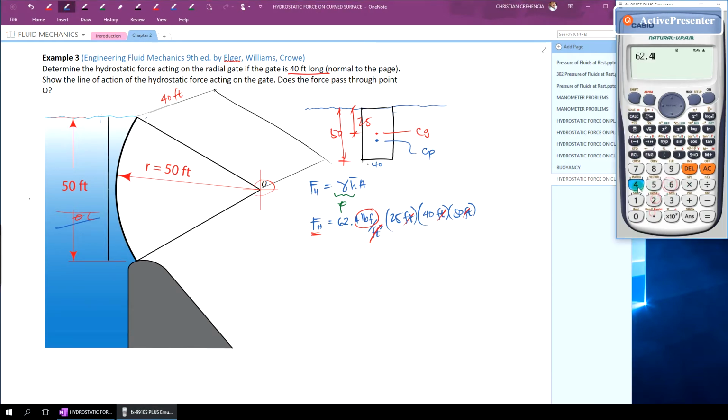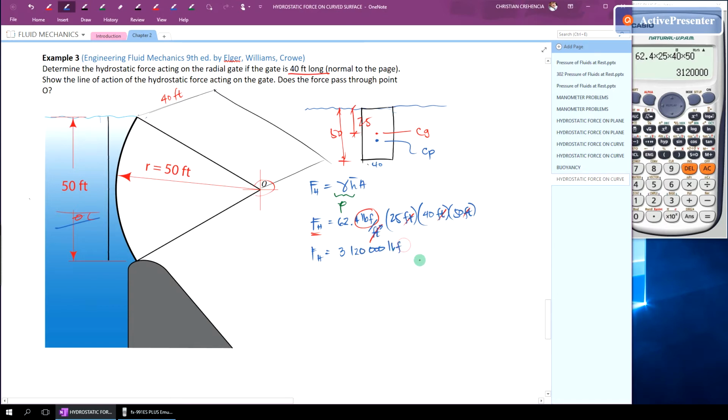So 62.4 times 25 times 40 times 50. Okay, so we have 3,120,000 pound force. Okay, so that is just the horizontal component.